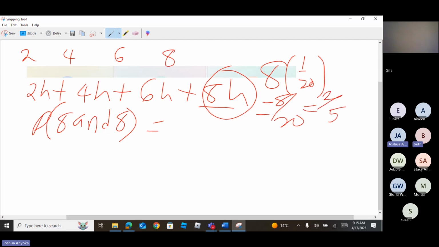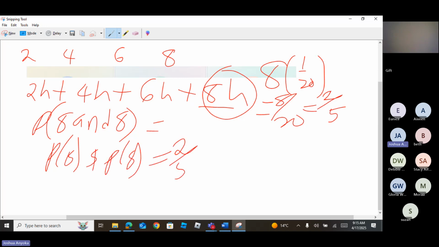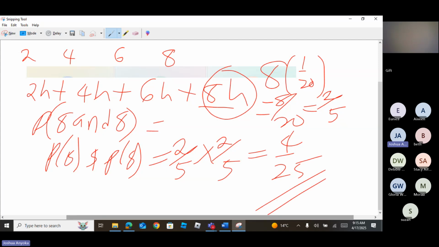So the probability of getting an 8 is 2 over 5, times 2 over 5. This gives us 4 over 25. You toss once, you get an 8. And you toss for the second time, you also get 8. So it is independent events, so we multiply them. It is not addition.